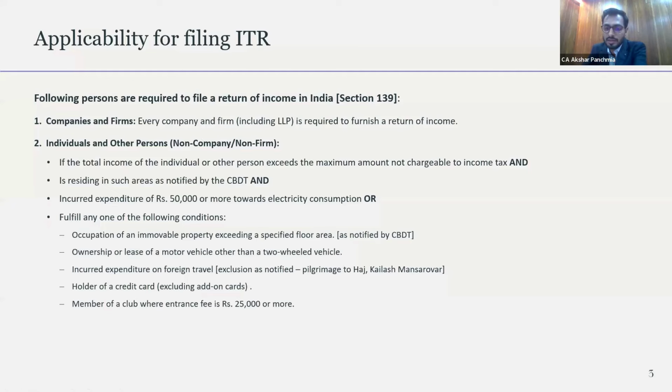CBDT has, in a circular in 2001, mentioned 2000 square feet as the specified floor area. So if you complete any one of these conditions, and at the same time you are not supposed to file, considering that your basic exemption limit is not crossed, then in that case you will have to file a return.